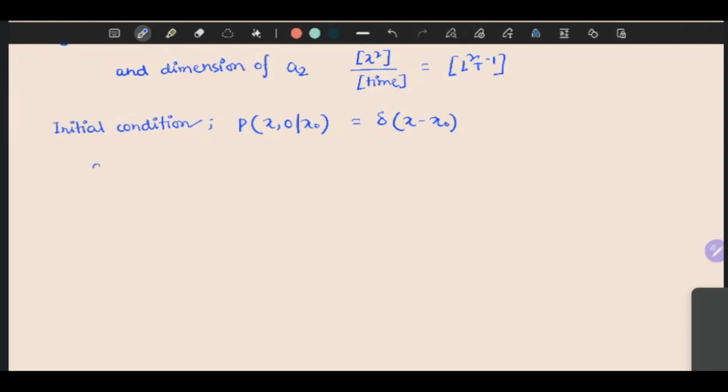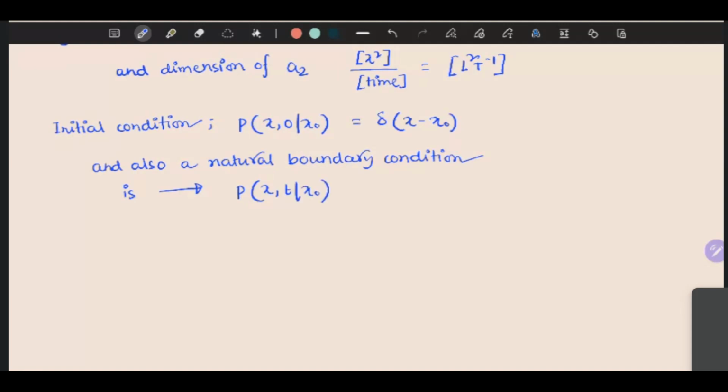And also the natural boundary condition is p of x, t, x naught is equal to 0 as x tends to plus minus infinity.